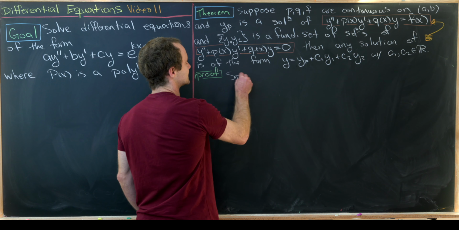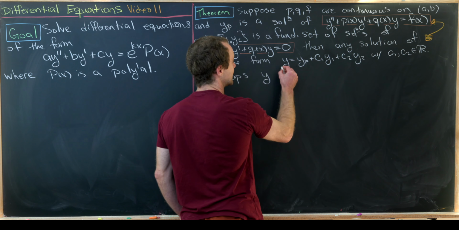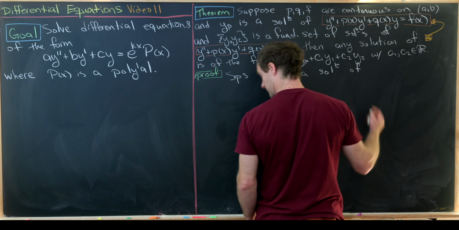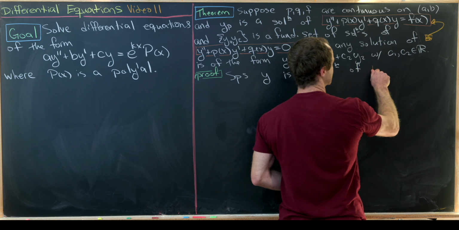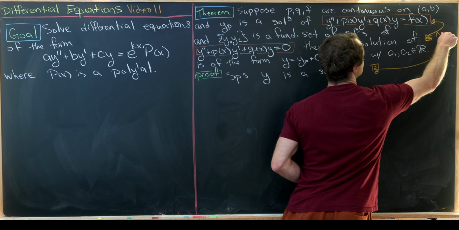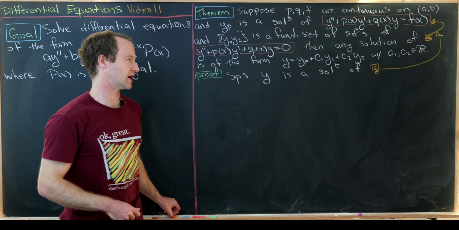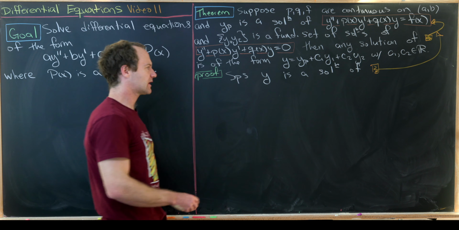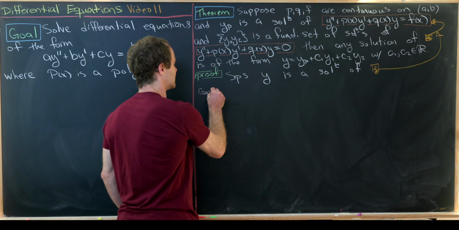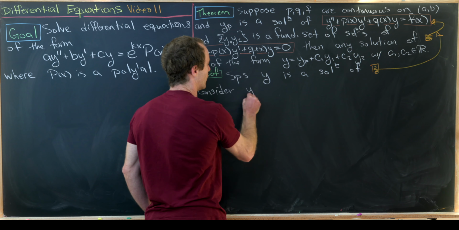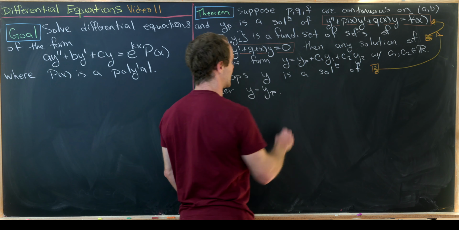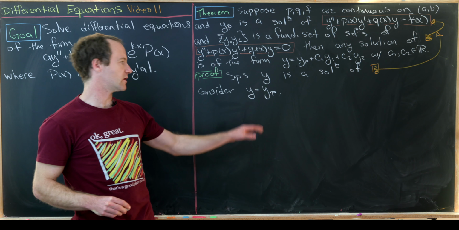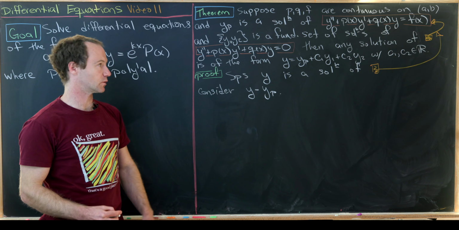Okay, so let's suppose that y is a solution of our orange differential equation. And by orange, I mean this thing that's pointing to this brown box. So it's a solution to that differential equation. And now what I'd like to do is consider y minus yp. So the difference between the particular solution that we know and this new solution y.